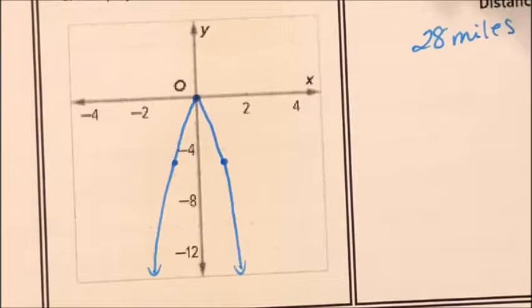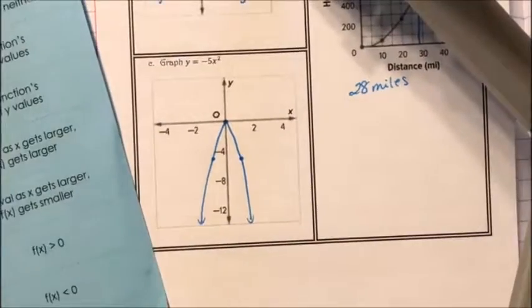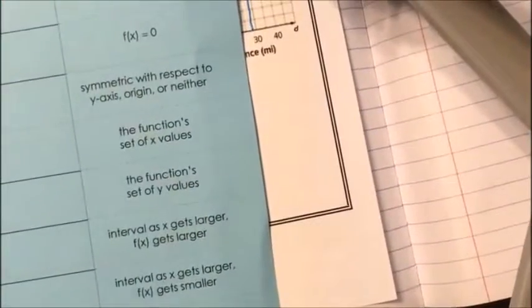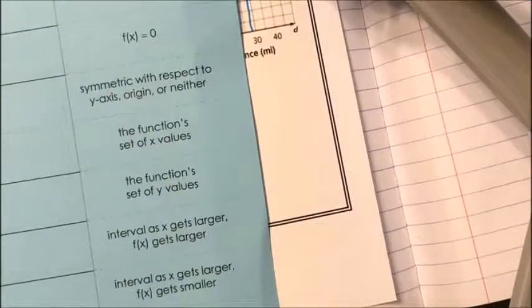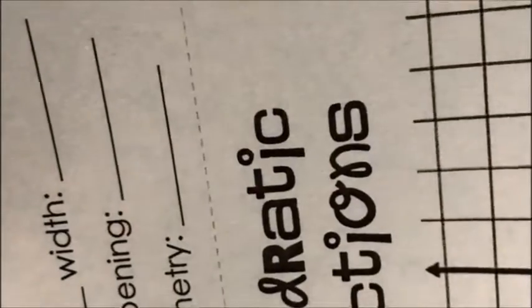All right. Now you will need a blue piece of paper that says quadratic functions on it, a pair of scissors, and a glue stick. It's really faint, but you see this dotted line right here? You're going to cut it in half, right along the dotted line.